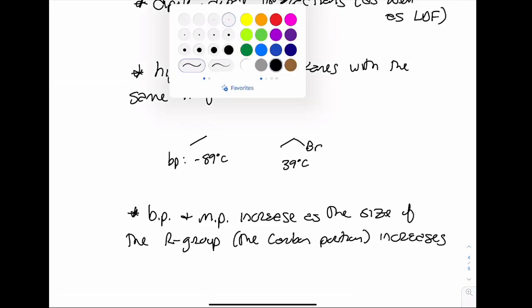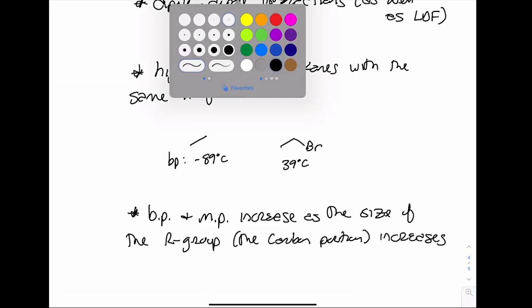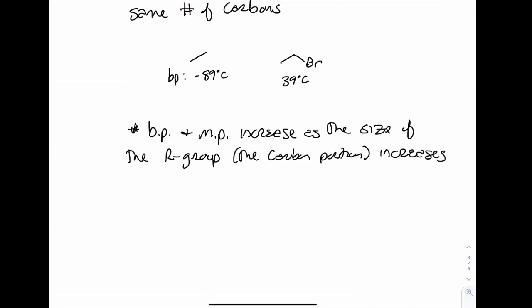An example, we'll use my 1-bromoethane again. But then let's compare that to bromobutane, 1-bromobutane. So my boiling point, 39 degrees Celsius, this one, 102 degrees Celsius. So as my number of carbons got bigger, my boiling point went up.